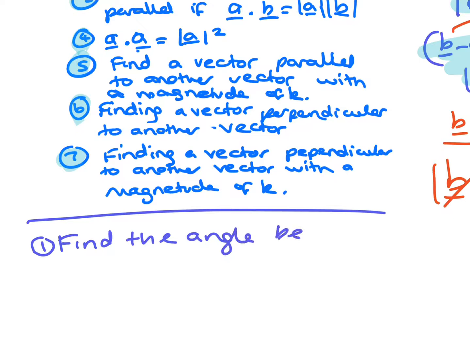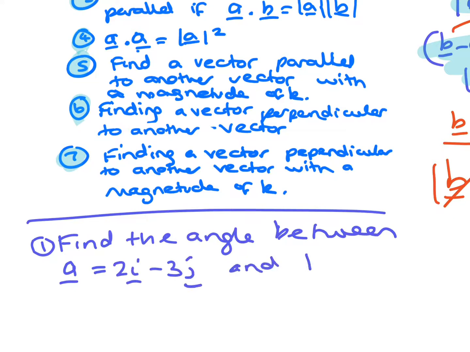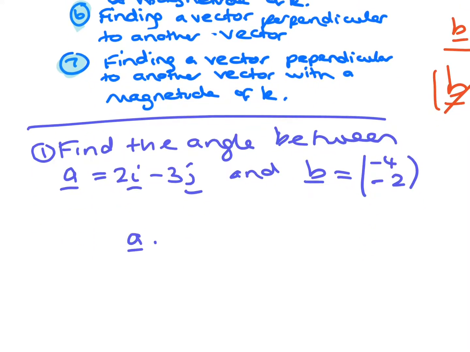So find the angle between A, which equals 2i minus 3j, and B, which equals minus 4i minus 2j. Okay, so the rule states A dot B equals mod A mod B cos theta.